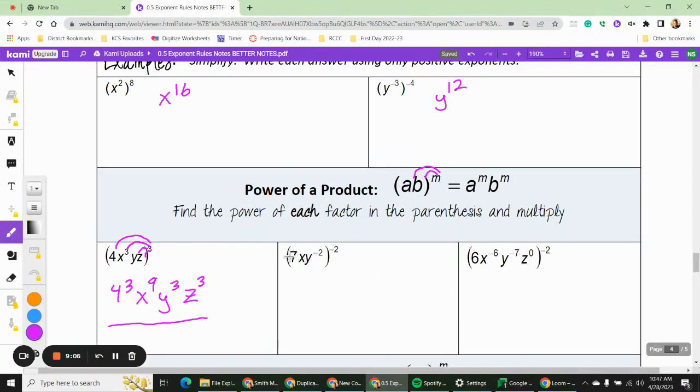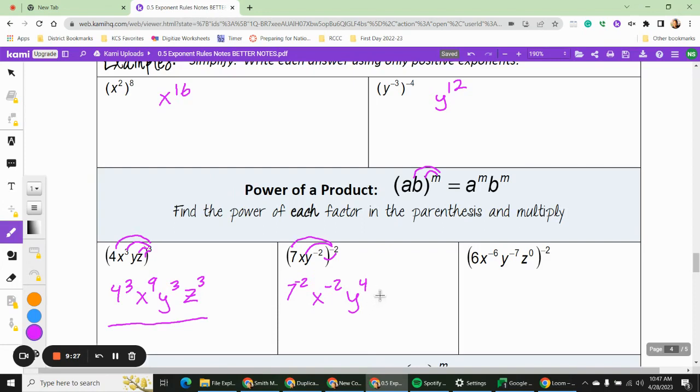Now let's do this again. This gives me 7 to the negative 2 power, x to the negative 2 power, because we multiplied the exponents for both of those. And the last one, a negative 2 times a negative 2 is positive 4. So I have 7 to the negative 2, x to the negative 2, y to the 4th power.